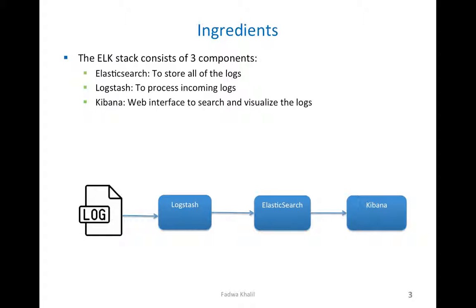ELK consists of three applications that handle input, storage, and analysis of log data. The components are Elasticsearch, a powerful open-source search and analytics engine that makes data easy to explore. It's a search server based on Apache Lucene. Logstash, a log management tool used for centralized logging, log enrichment, and parsing.